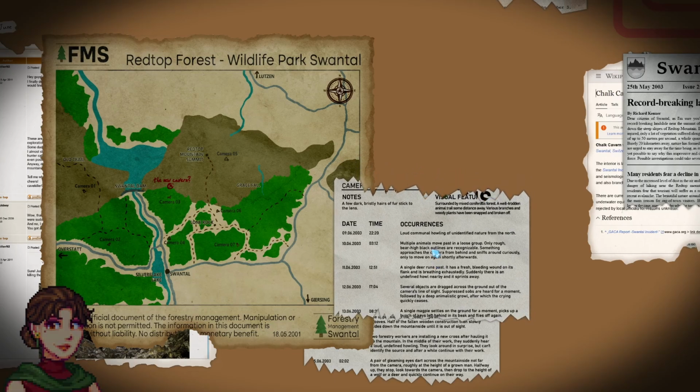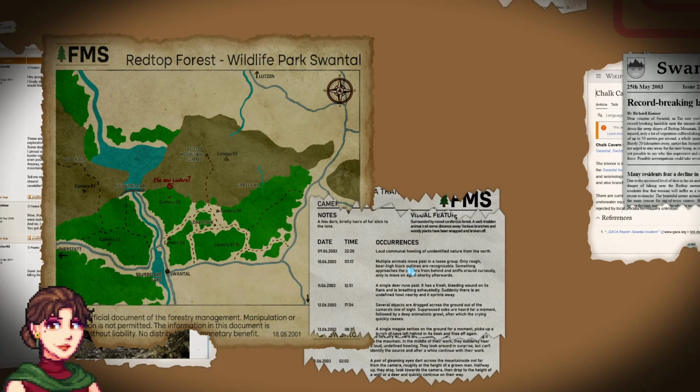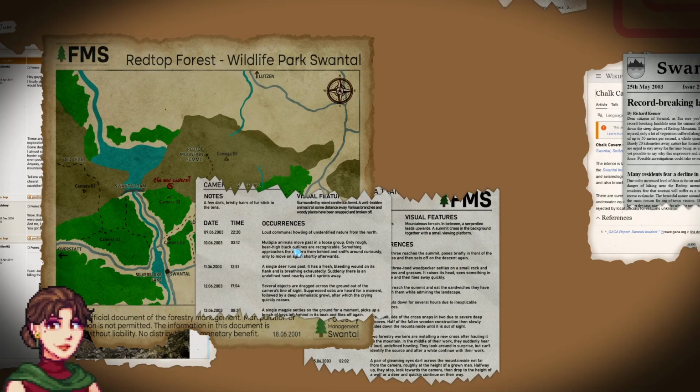Well-worn animal trail. A few dark bristly hairs of fur stick to the lens. So it has to be here, isn't it? I'm going to assume this is camera 3, so... Because it talks about, yeah, loud communal howling of unidentified nature from the north. Multiple animals move past in a loose group, only rough, bare high black outlines are recognizable.